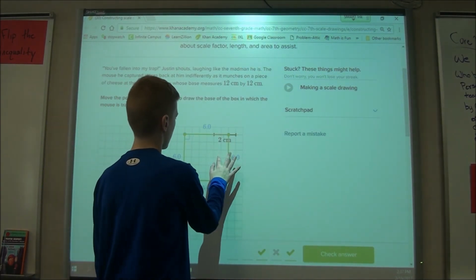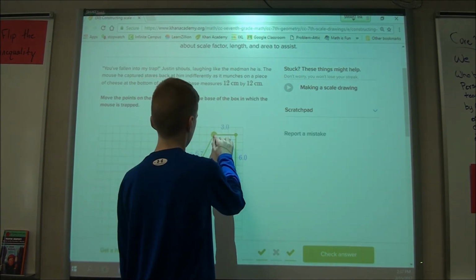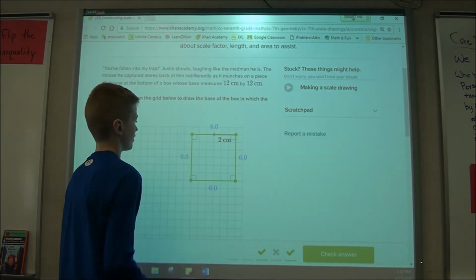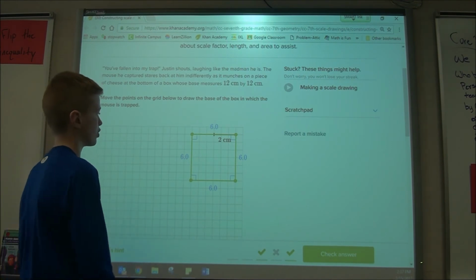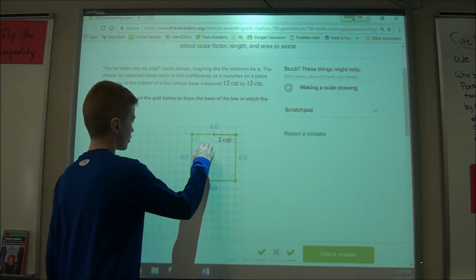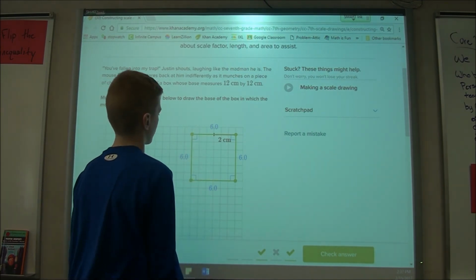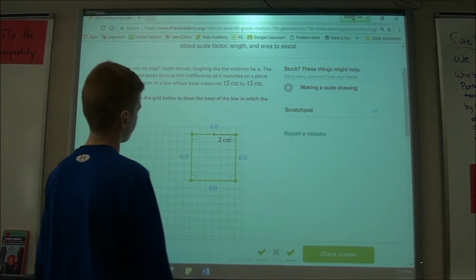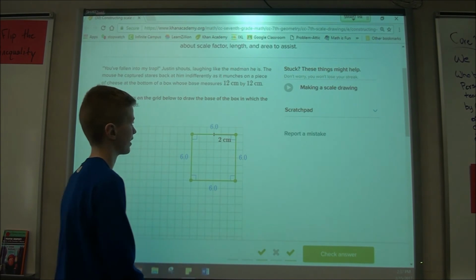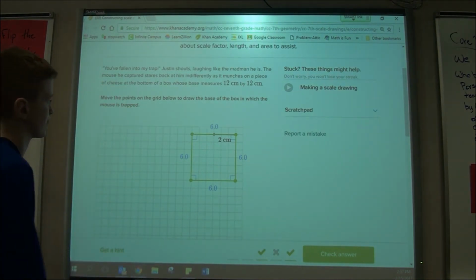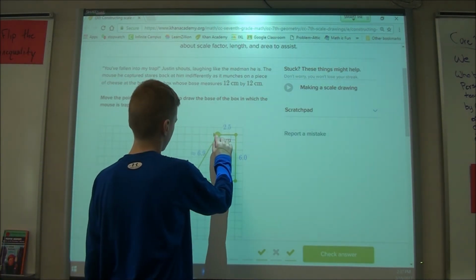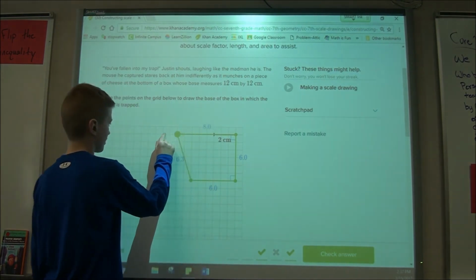And every three boxes is 2 centimeters. So if we have 3 boxes to 2 centimeters, then if we divide 12 by 2, we need 6. So that means we need 6 boxes of 3, which would be 18.